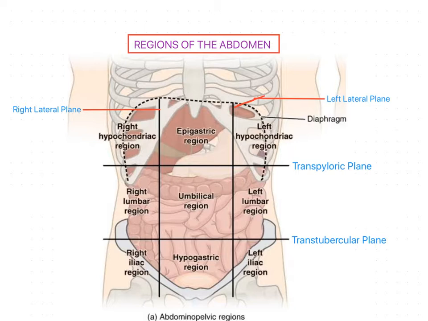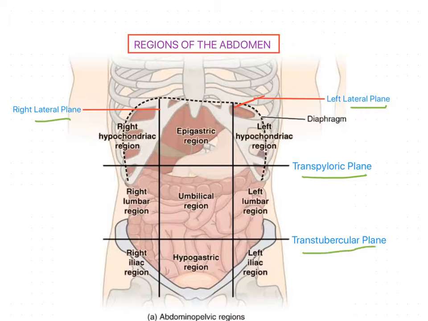These 9 regions are divided by 4 imaginary planes: 2 vertical planes, that is 2 lateral planes, and 2 transverse or horizontal planes.